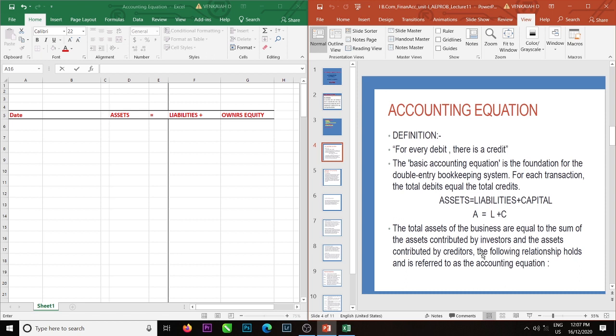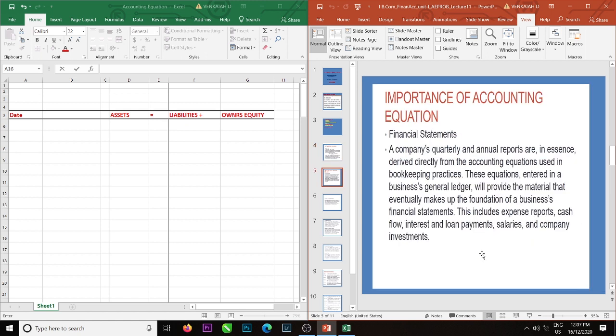So assets have a relationship with liabilities and capital. The accounting equation helps to understand financial statements, which are prepared quarterly and annually, and which are directly linked with the accounting equation. These equations entered in the business general ledger provide material that eventually makes up the foundation of the business financial statements.